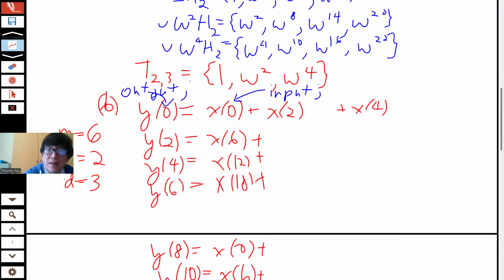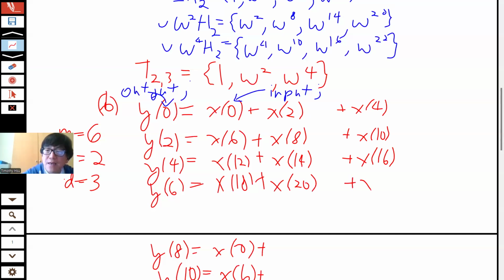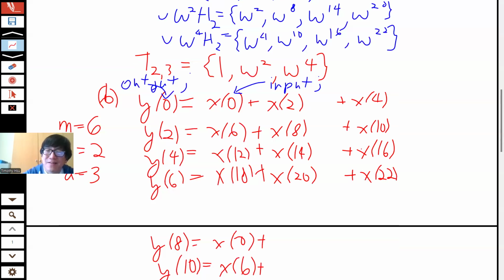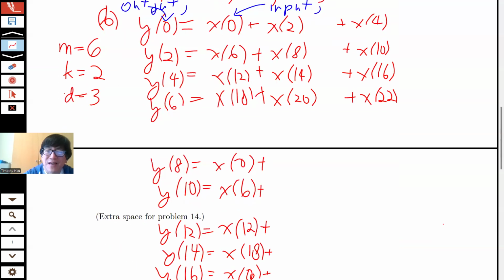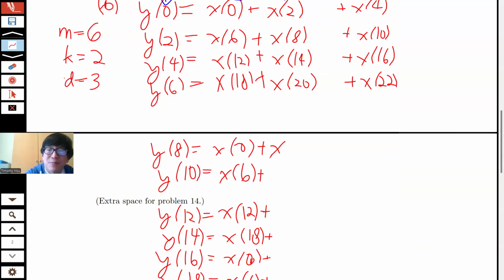Then offset x of 8, x of 10, x of 14, x of 16, x of 20, x of 22. If I were smart, I would have just done this part, saved it, and copied it for the next part, but I'll just keep going.